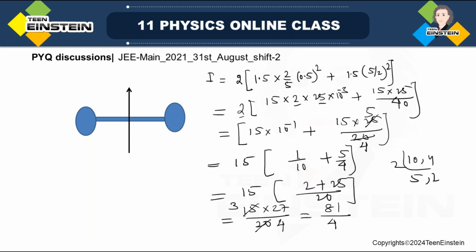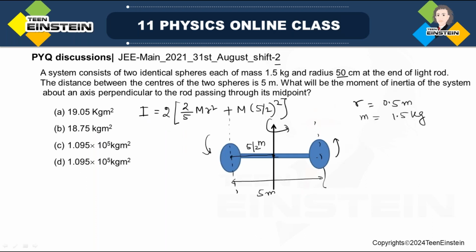So 1 over 10, this is fine. 27, yeah, all right. So it will be 81 divided by 4. It is giving some overshoot values.